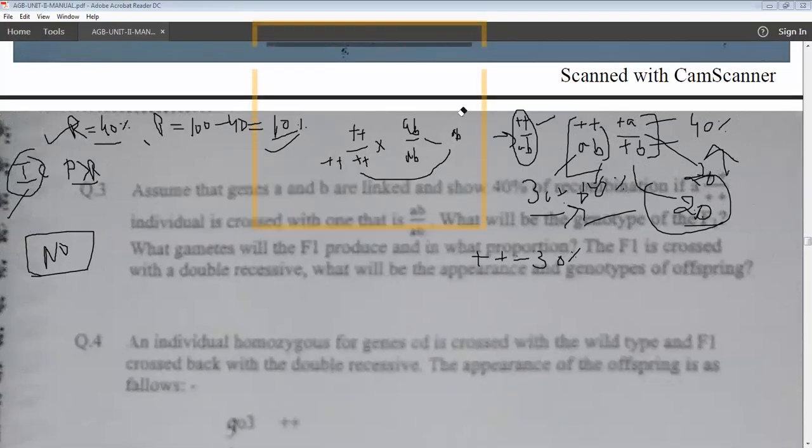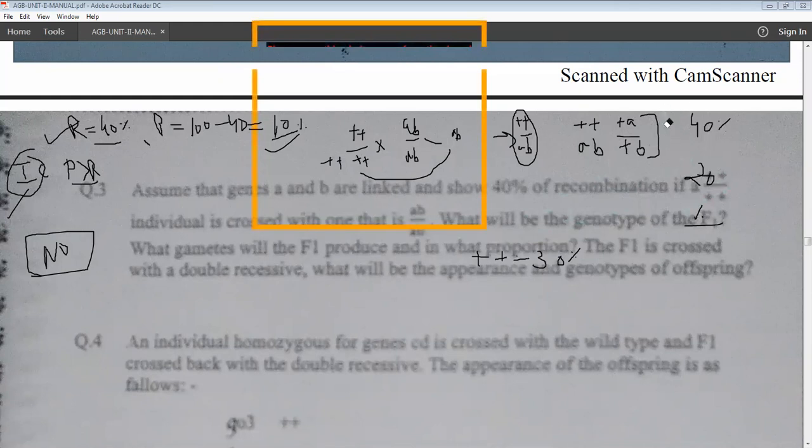Let me tell you that if there is no linkage.